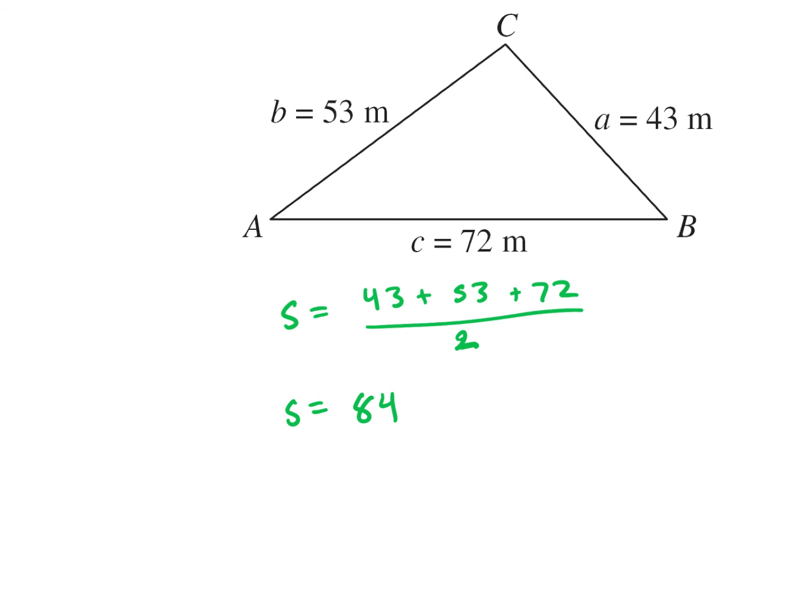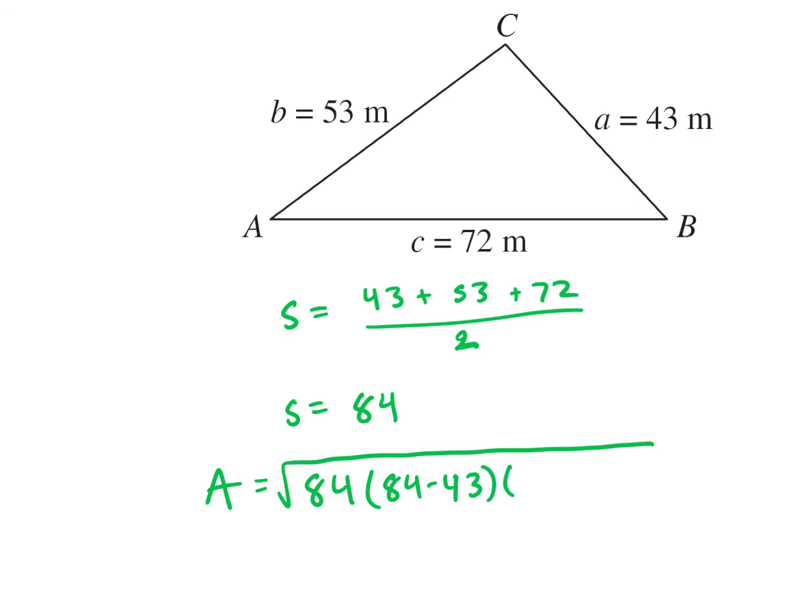Now we use S for our area formula. So 84 is not our area. That helps us find the area. So our area is equal to the square root of S, so 84, times s minus a, so 84 minus 43, times s minus b, times s minus c.